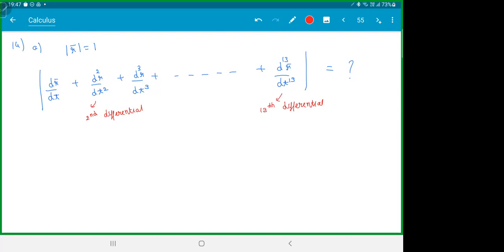Adrit, you got it right. Any other answers? Swastika, it's not 0. I think you did some calculation there. Ronak, you also got 1 right.